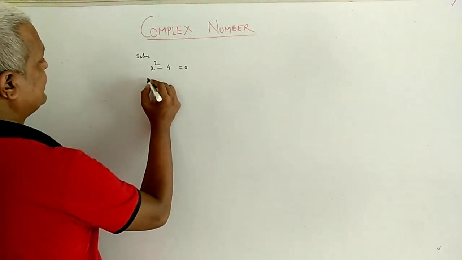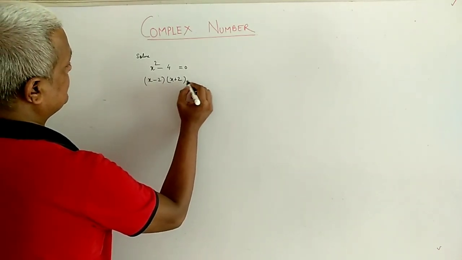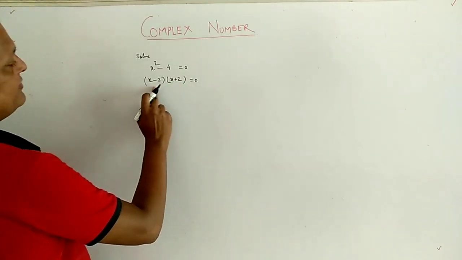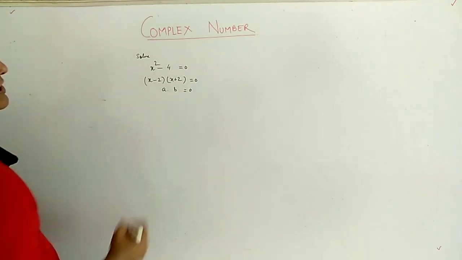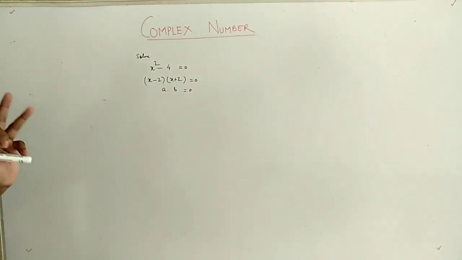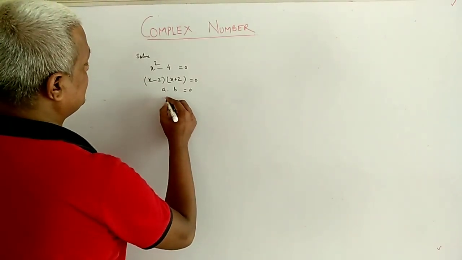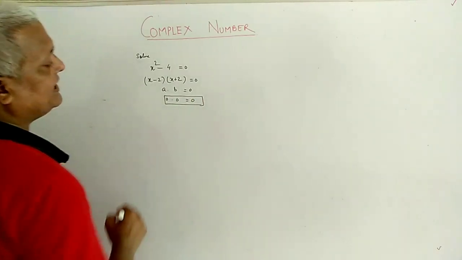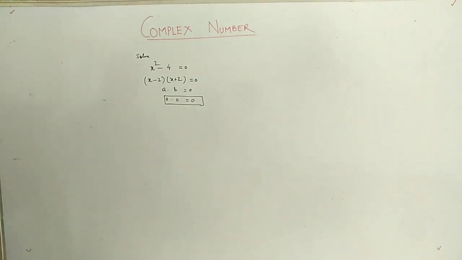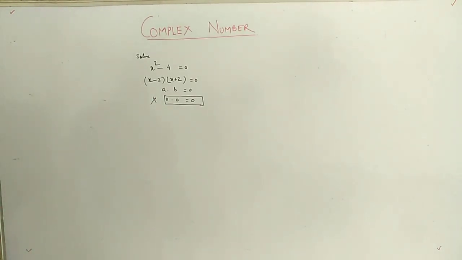How do we solve it? We factorize it into the linear factors: x minus 2 times x plus 2 is 0. Then we get a situation where the product of two numbers is 0. So three situations arise. Either 0 times 0 is 0, but we do not take this as valid because it defies the basic rule that division by 0 is undefined.